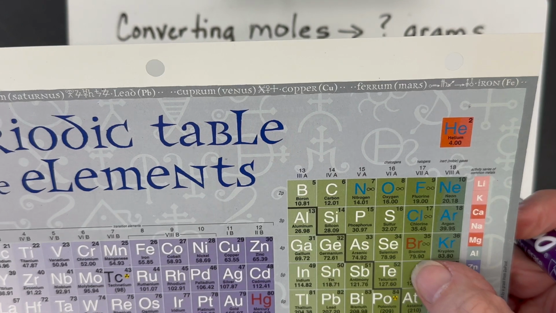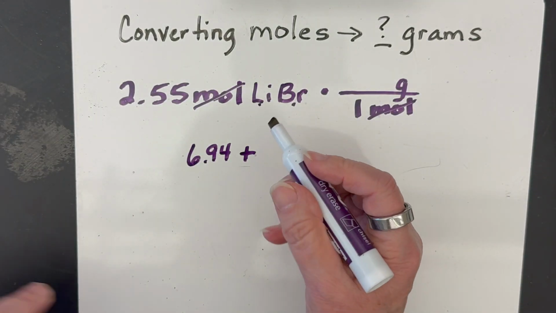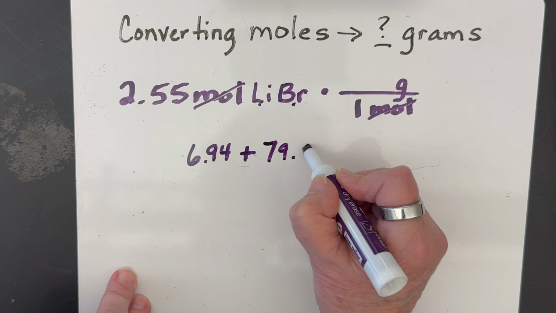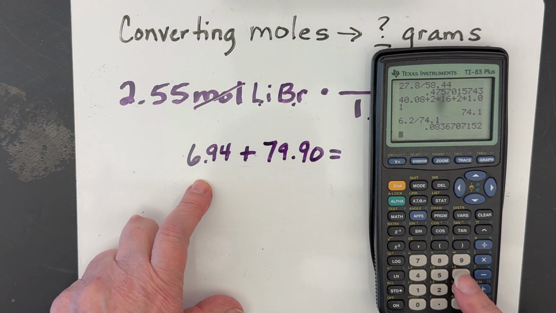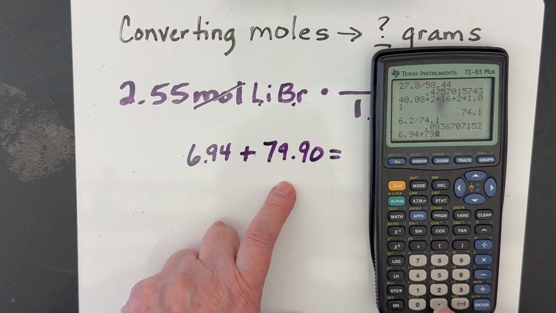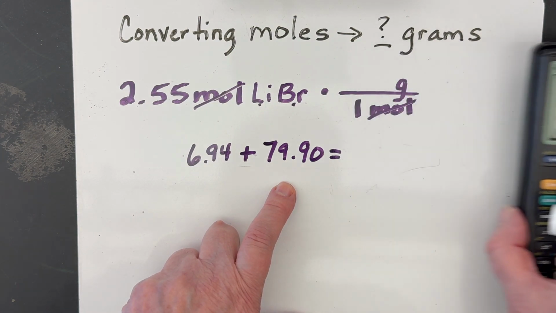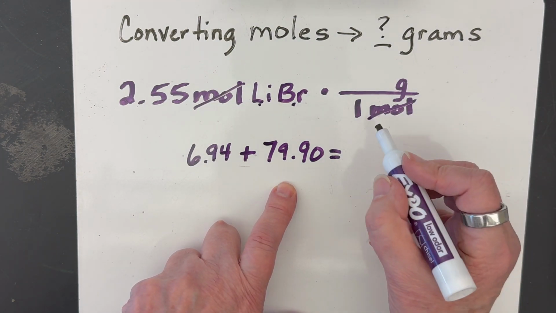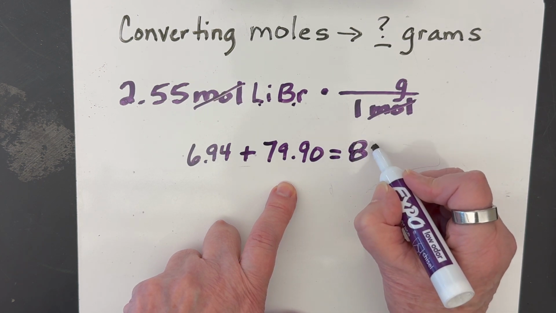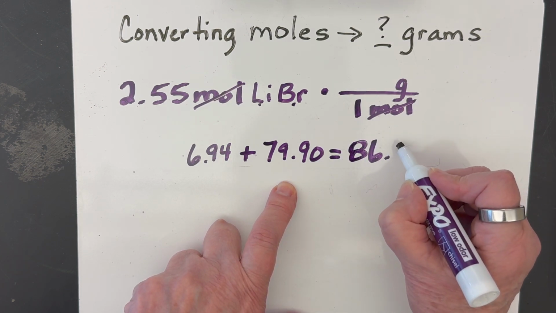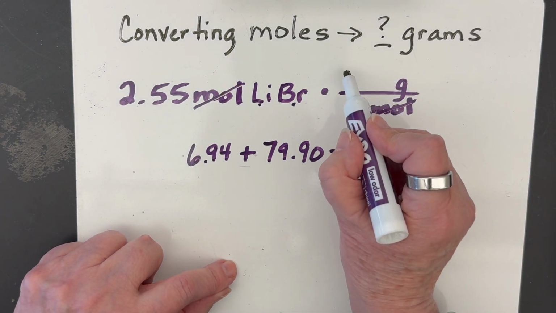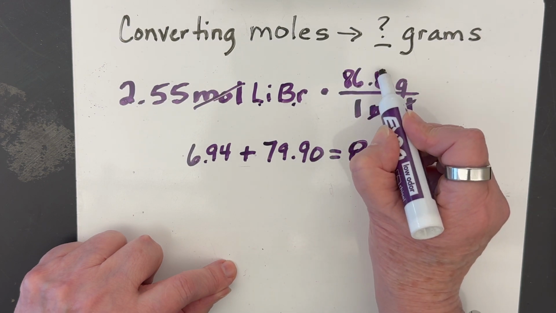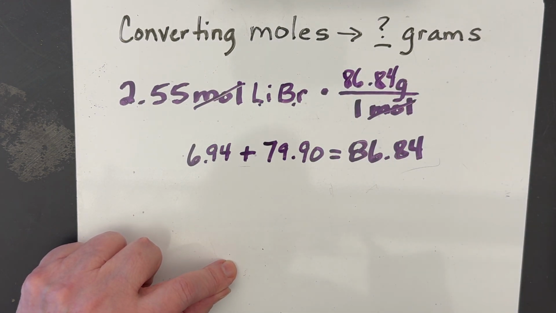Br is down here, 79.90. We add those two together. 6.94 plus 79.9, and we get 86.84. Notice I don't ever round this number, my conversion factor number. I keep as many digits as I can possibly have. So that number is going to go on top, 86.84 grams in 1 mole.